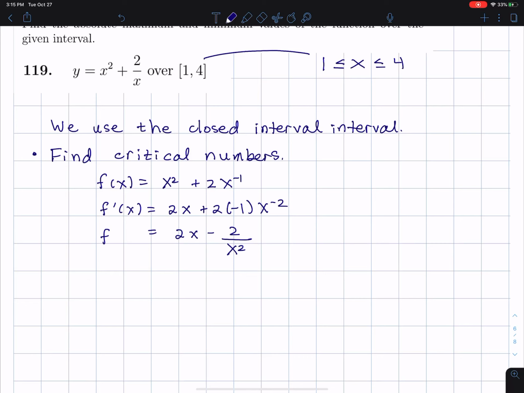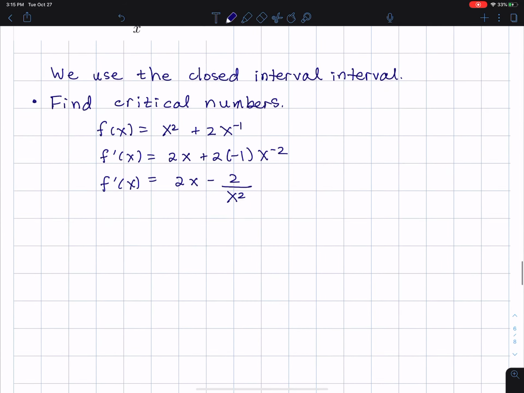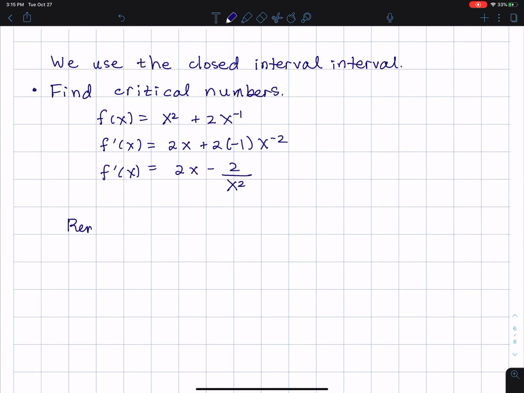Now, first of all, I'll just do a little remark. F prime of 0 is undefined. So that makes me think, oh, okay, got a critical number. But 0 is not in the domain of the original function.